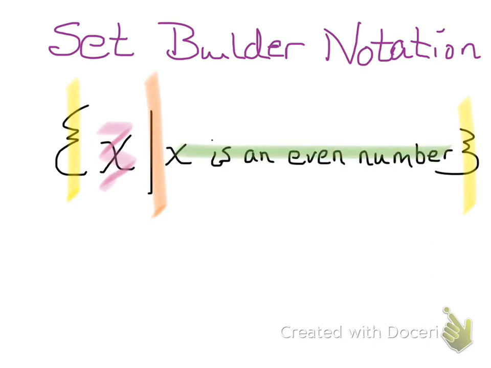The description could be something like x is an even number, or it could even be something like x is greater than or equal to 5. It can be an inequality. It can be a number. It can be a description.